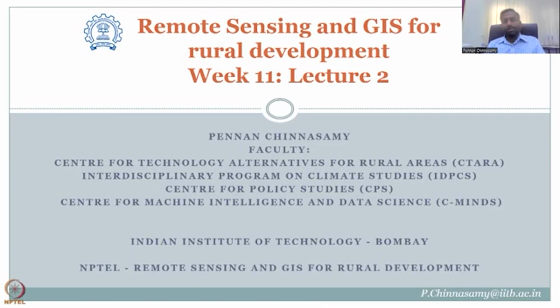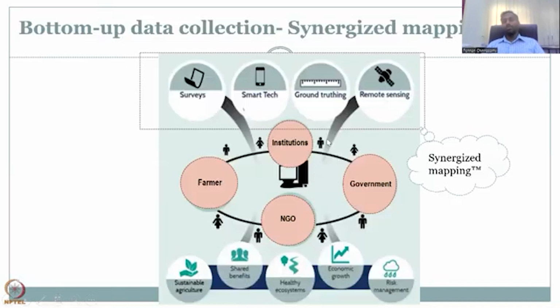Of this, I'll first be talking about synergized mapping. So let us go into remote sensing and GIS for rural development, week 11, lecture 2, where we will be looking at data from other sources that have been used for rural development.